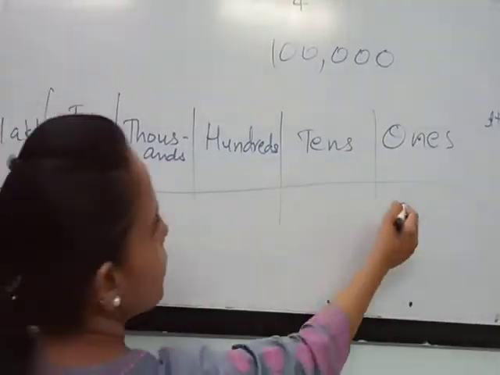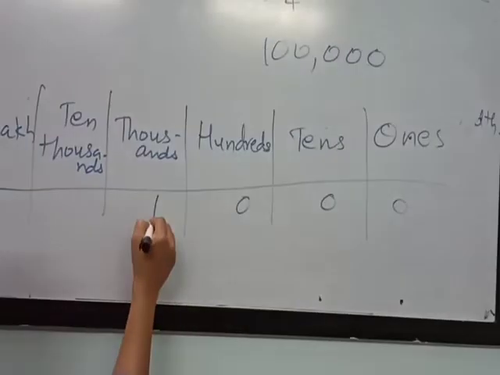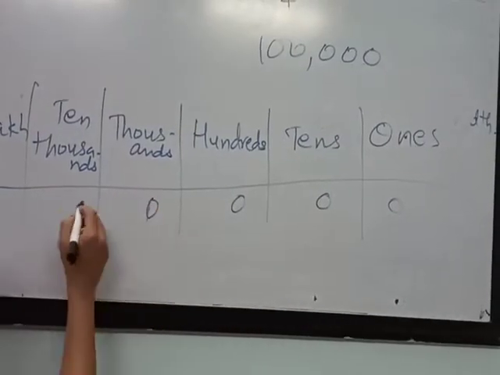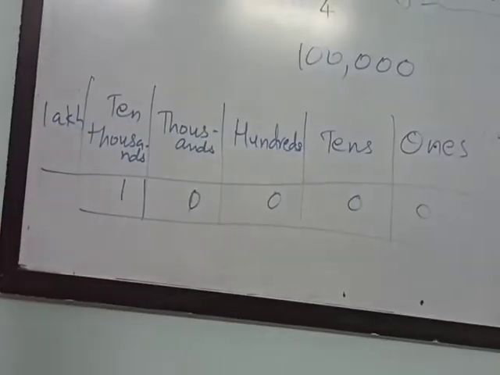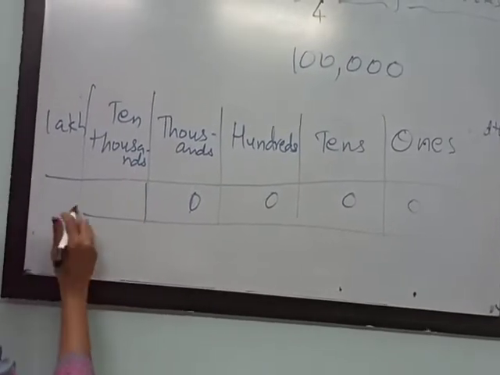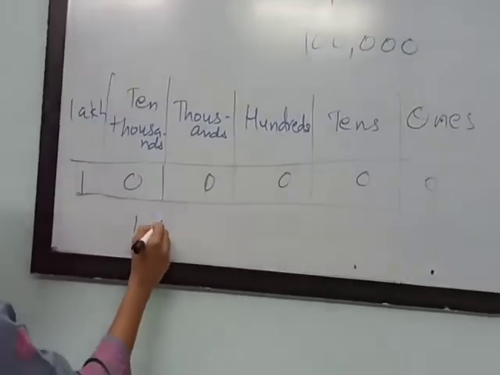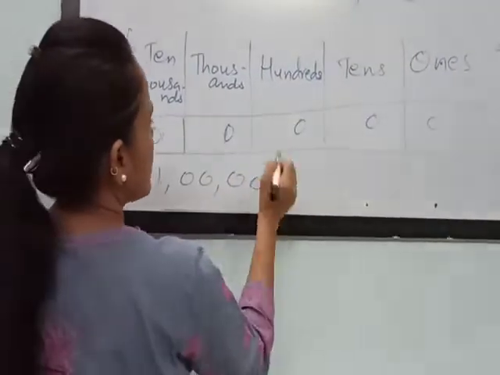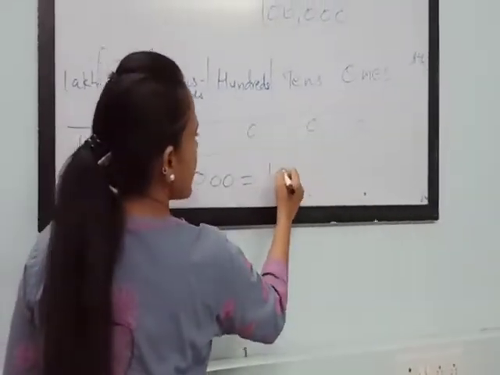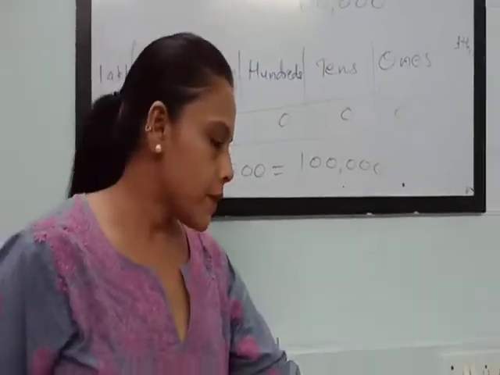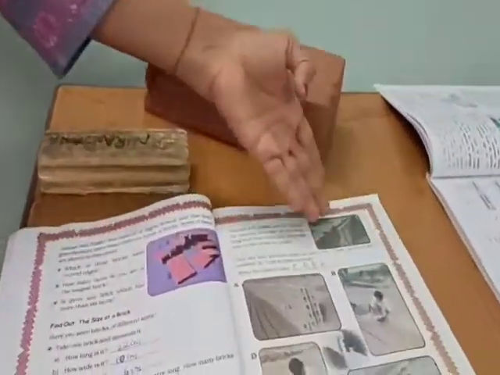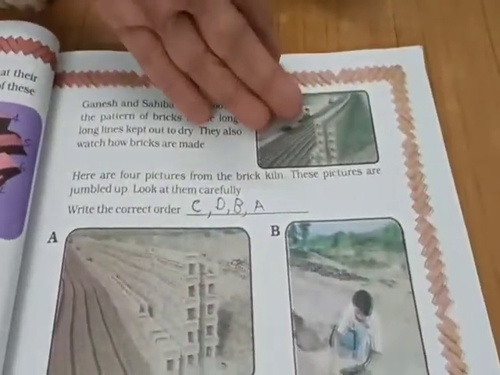So how will you write 100,000? This is 100,000, which is exactly 1 lakh. So 1 lakh is equal to 100,000. So in this kiln, 100,000 or around 1 lakh bricks are made.